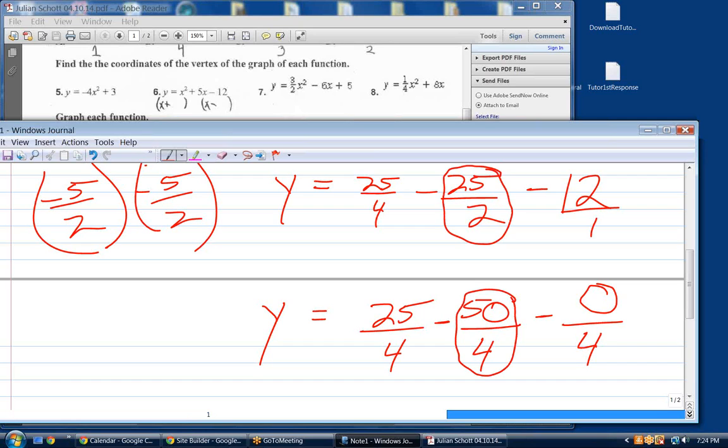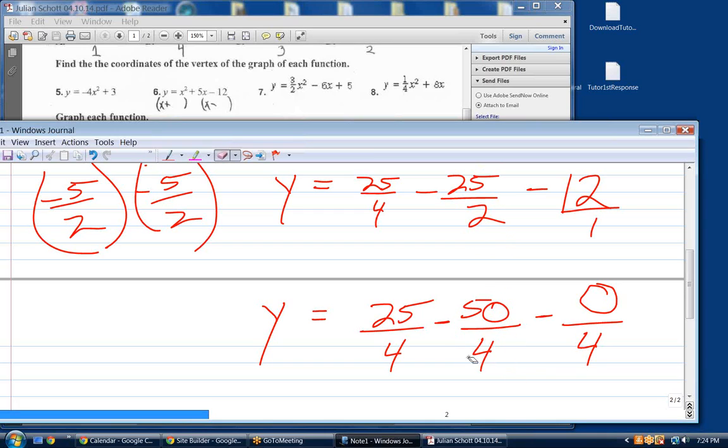And that's how it should be. I don't want to change that number. I just want to give it a denominator of 4. So what goes here? 48. Good.